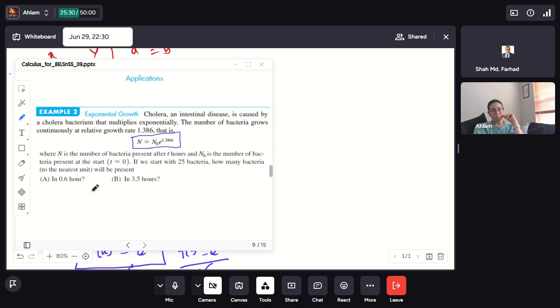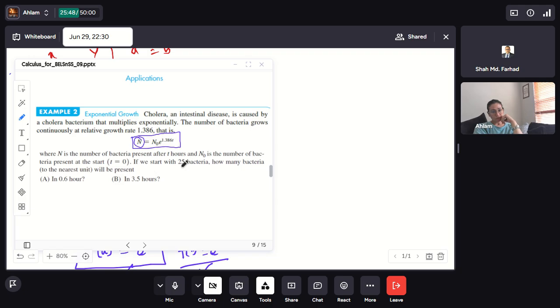where n is the number of bacteria present after t hours, and n naught is the number of bacteria present at the starting time, that is t equals 0.